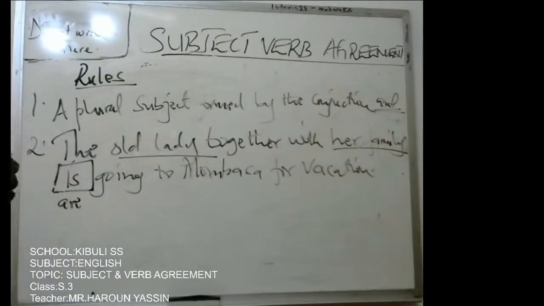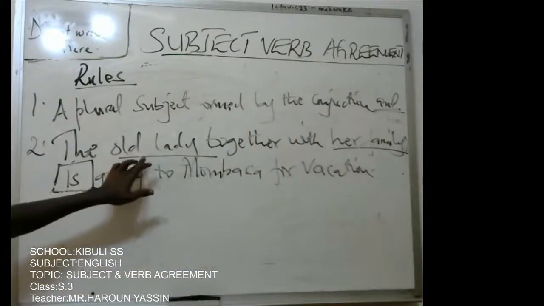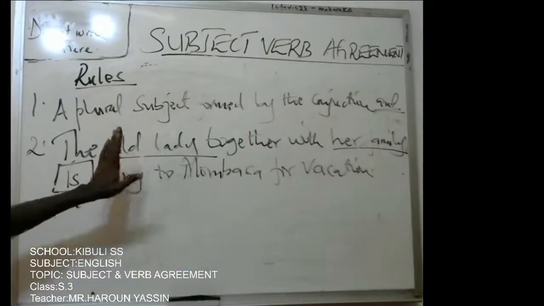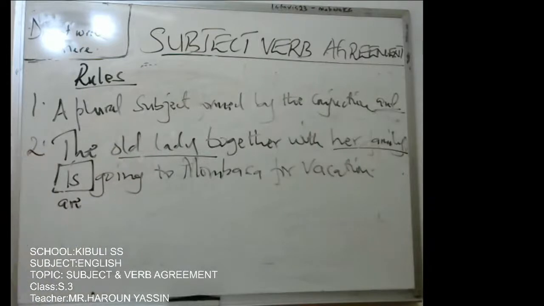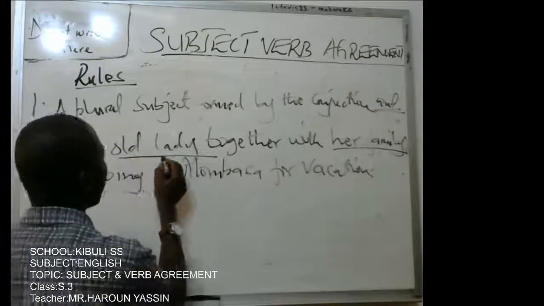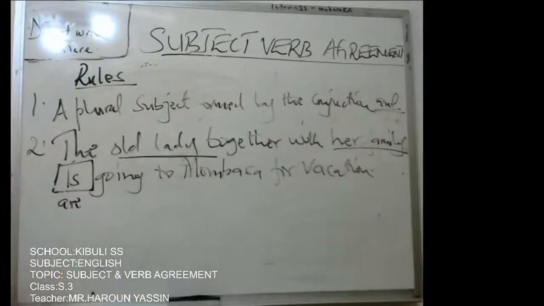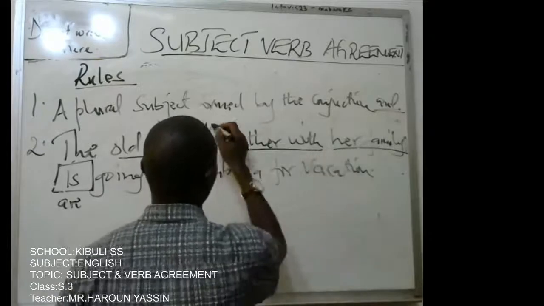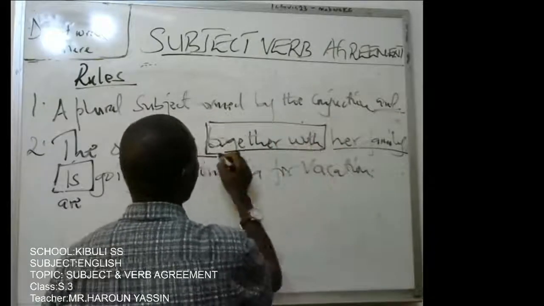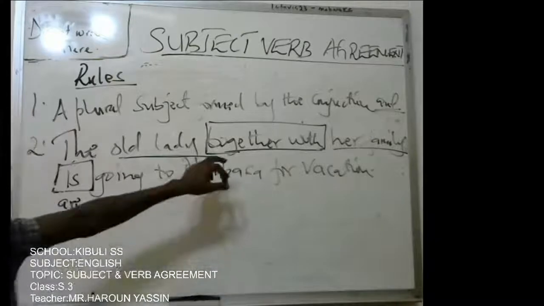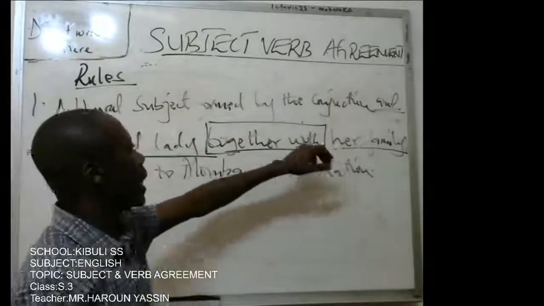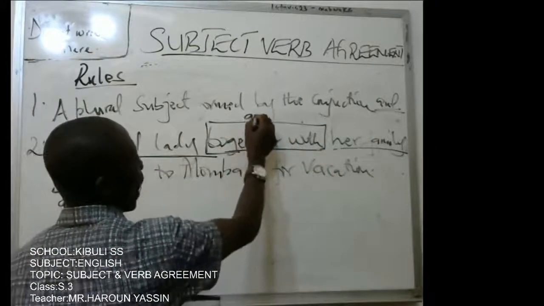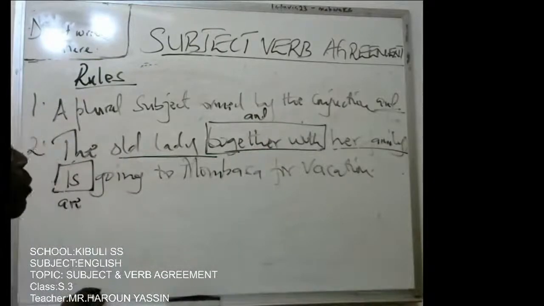The answer is this. If you look at this sentence critically, okay, we have got only one subject, and the subject is the old lady. Okay, so when we use the word together with, we are not creating another subject here. This one is not the same as and in order to form a plural.